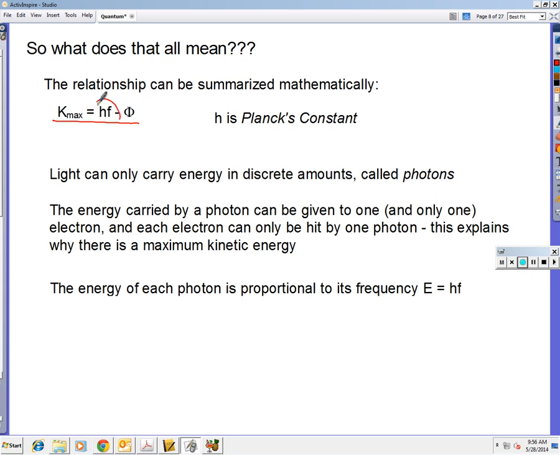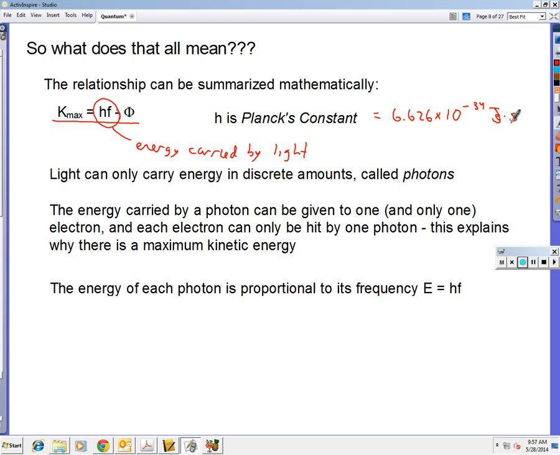And hf is the energy carried by the light, where h is Planck's constant. That was the slope of the graph in the previous slide. It has a value of 6.626 times 10 to the minus 34 joule seconds. And f is the frequency of the light.